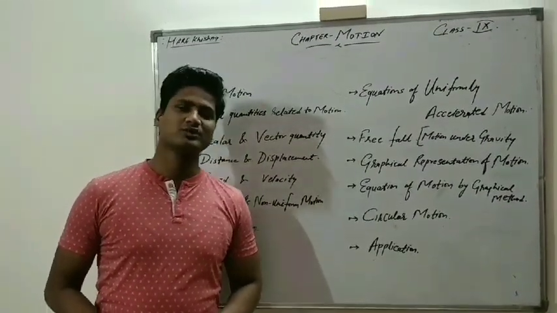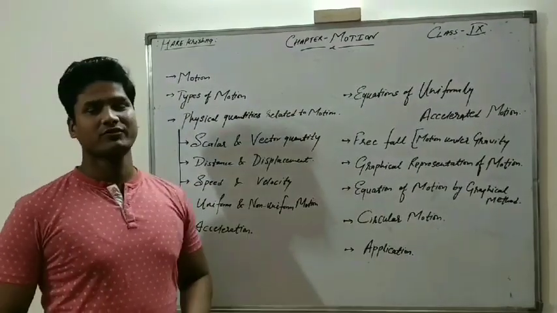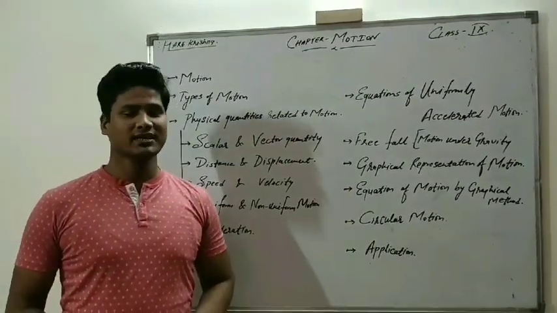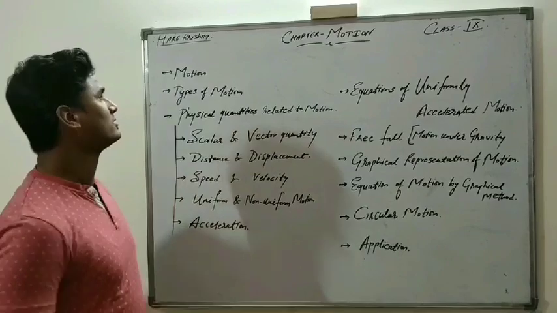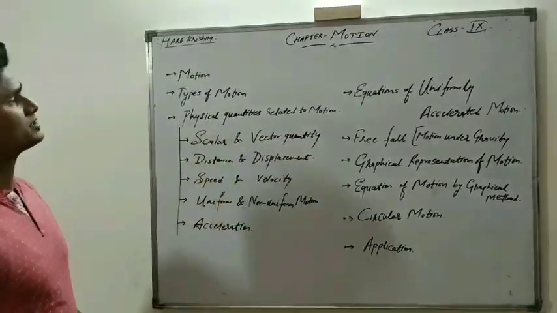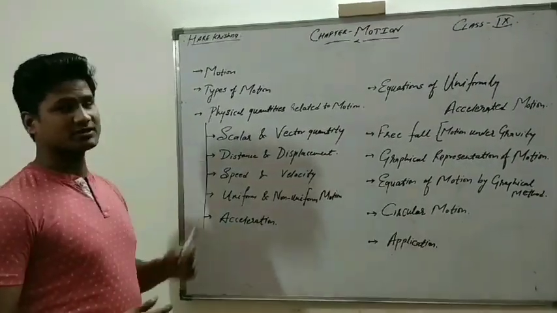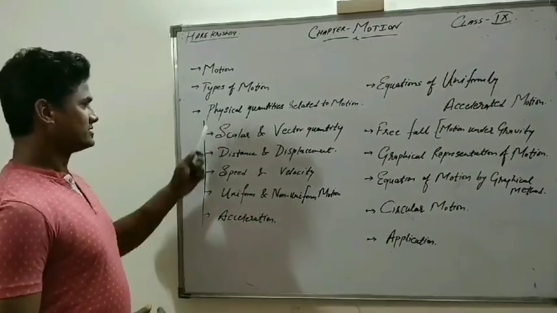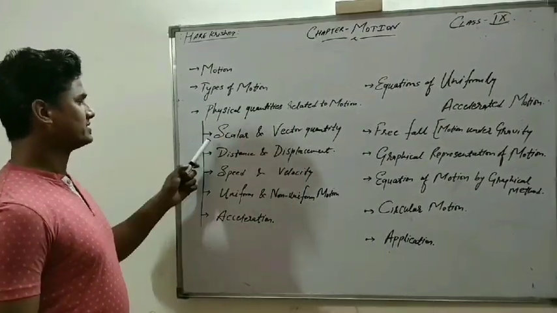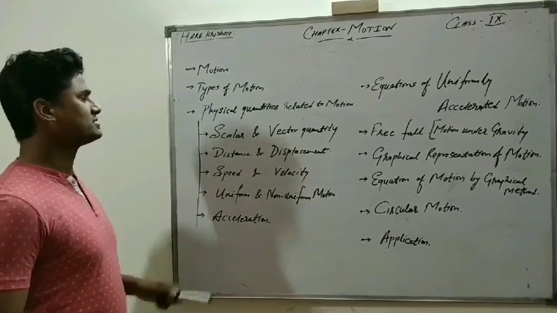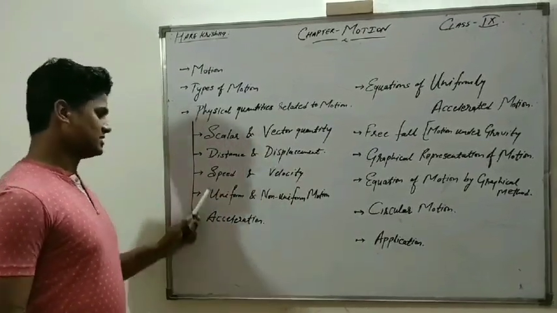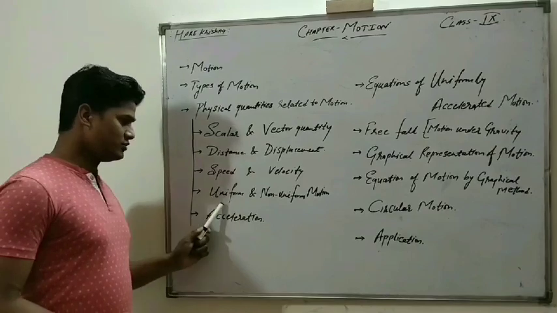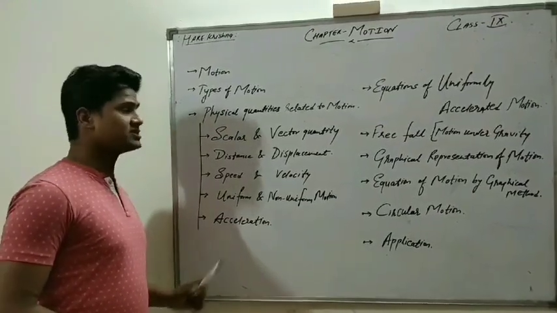Today I am going to explain to you the chapter Motion from CBSE 9th class Science. In this chapter, we will include the following topics: motion, types of motion, physical quantities related to motion, scalar and vector quantities, distance and displacement, speed and velocity, uniform and non-uniform motion, acceleration.